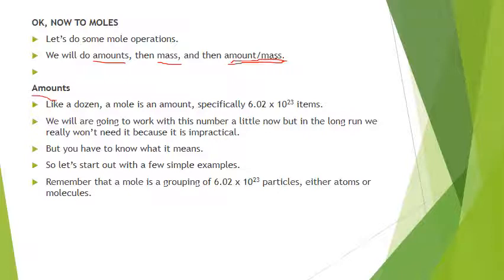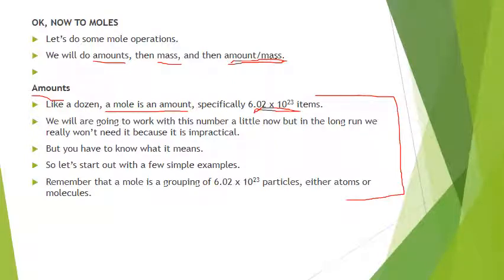So start out with amounts. Like a dozen, a mole is an amount. It's a group. It's a group of 6.02 times 10 to the 23rd. Avogadro's number. We're going to be just using this relationship for a very small amount of time now.